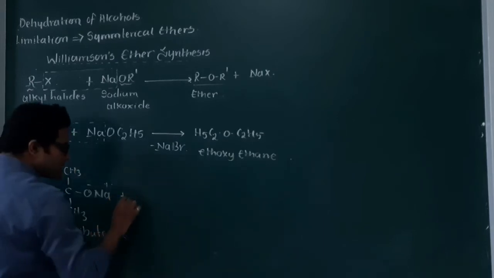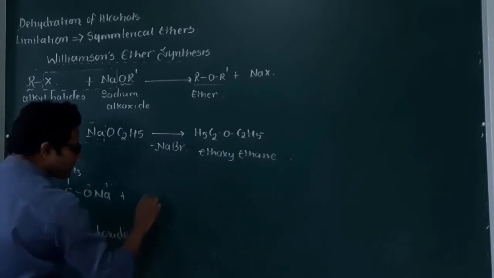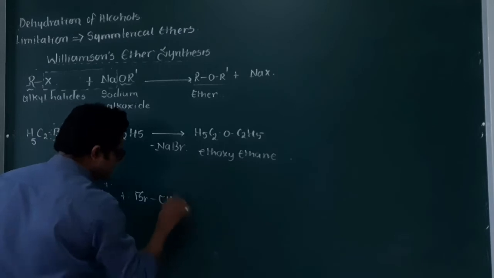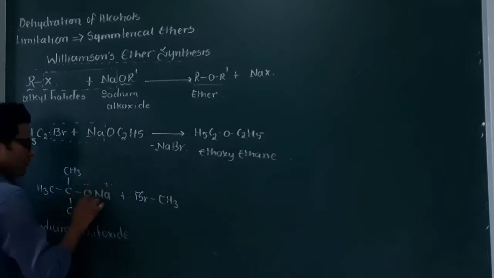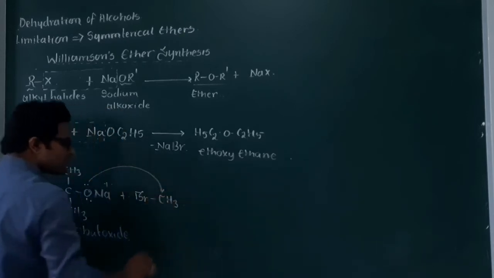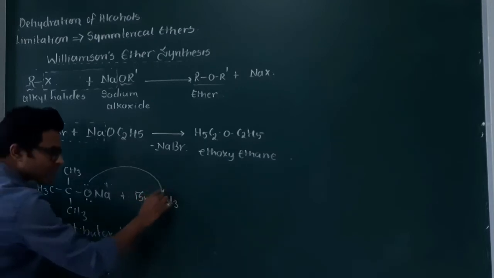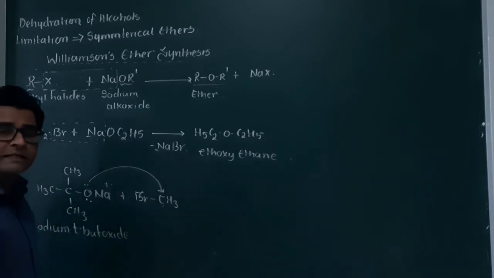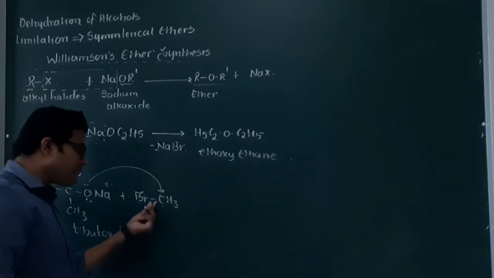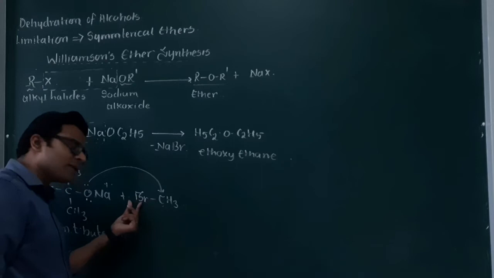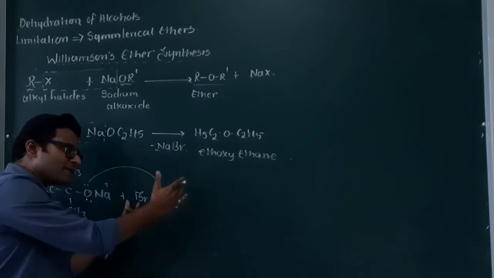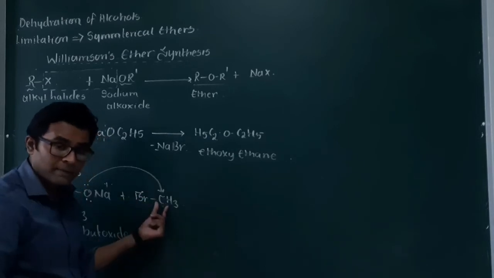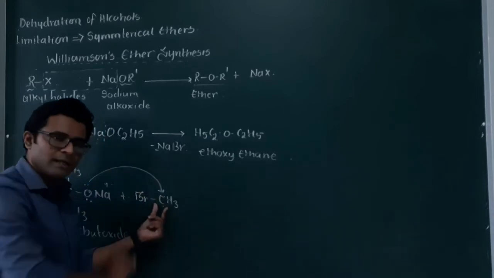When this is reacted with CH3Br, the oxygen attacks this particular carbon, because the carbon-bromine bond develops a polarity, wherein the bromine is more electronegative. So the electron density shifts toward bromine, giving rise to a delta positive on carbon. Therefore, the oxygen attacks this carbon.